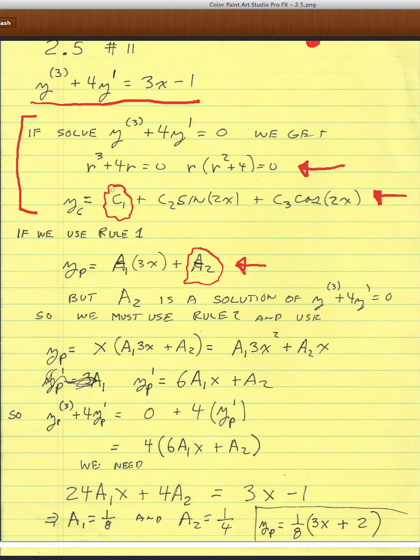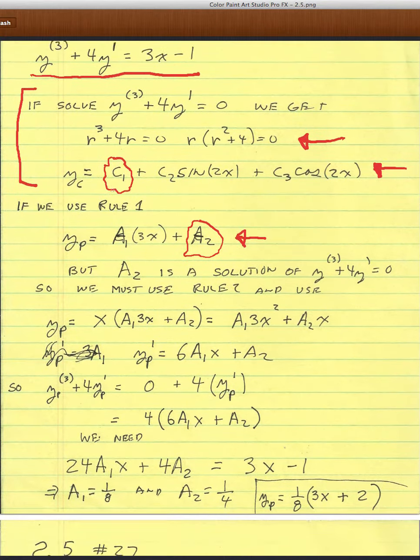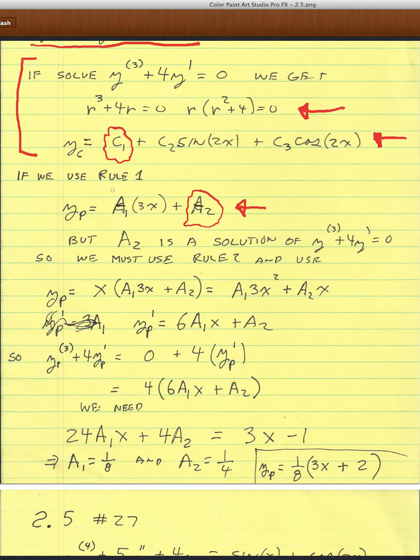So we need to alter our particular solution and multiply it by some power of x so that the resulting trial solution, y sub p, does not appear in the homogeneous solution. If we choose just to multiply by x, that will do it. And so this is what we're going to attempt as our particular solution.